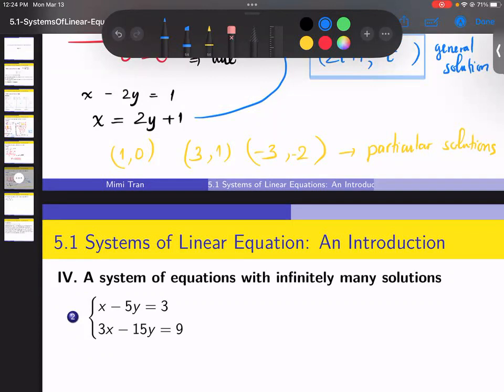Oh, you're supposed to multiply by the opposite. Just solve normally.